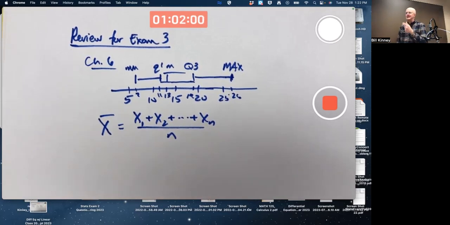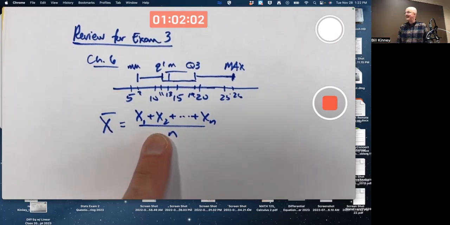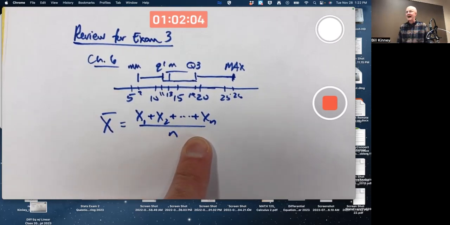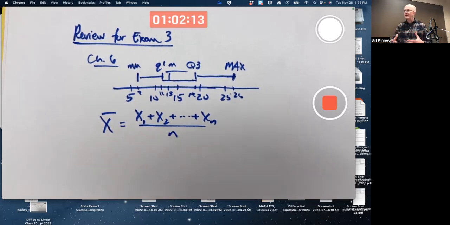That means it's a collection of independent and identically distributed random variables, IID RVs. These random variables all have the same distribution. Maybe they're all gamma random variables. They're assumed to be independent. Why? Because we want to assume it so that we can do things.